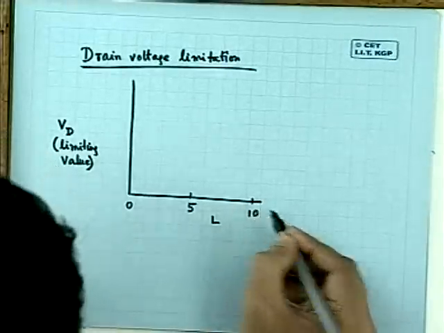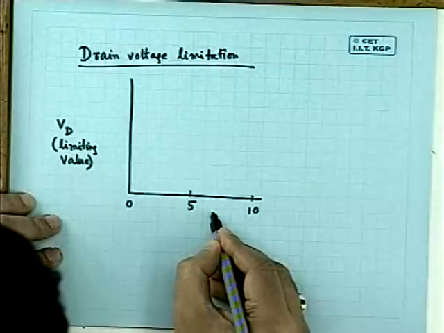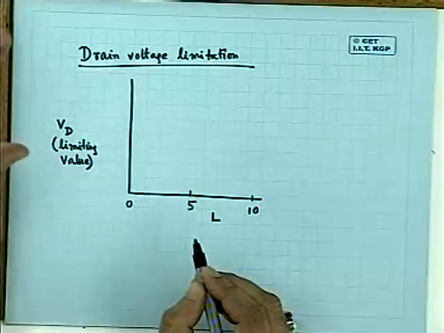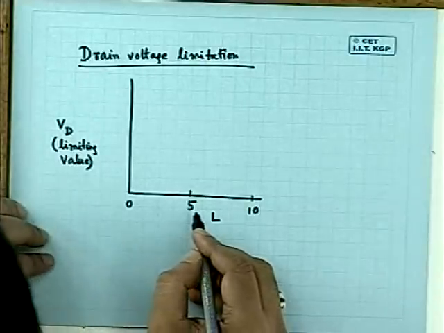I am just trying to plot a typical value of the maximum drain voltage you should apply, that is called the limiting value of the drain voltage, against channel length.